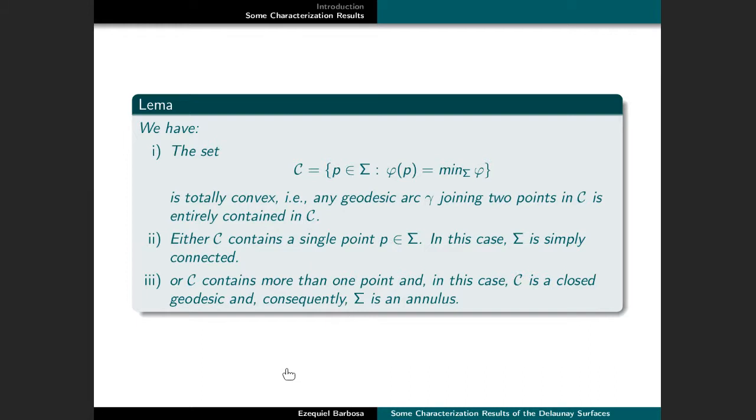And then this fundamental group is cyclic, and this surface is an annulus.